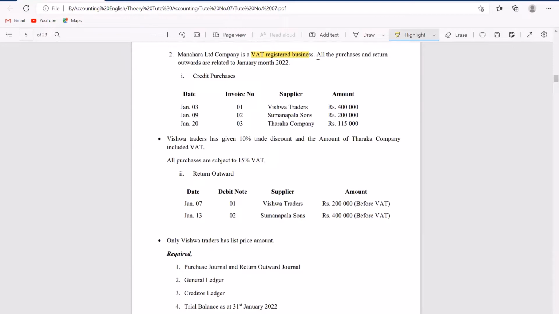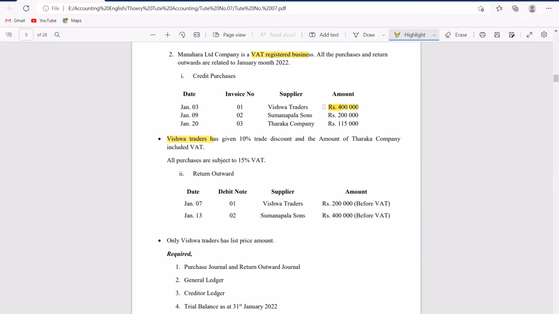There are 3 credit purchases from suppliers: Vishwa Traders, Sumanapala and Tharaka. Vishwa Traders has given 10% trade discount. Highlight the Vishwa Traders amounts when there are trade discounts.